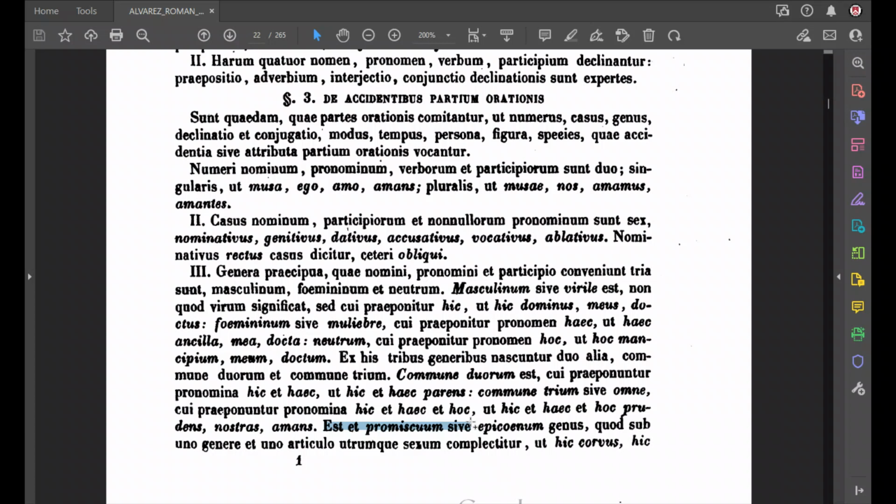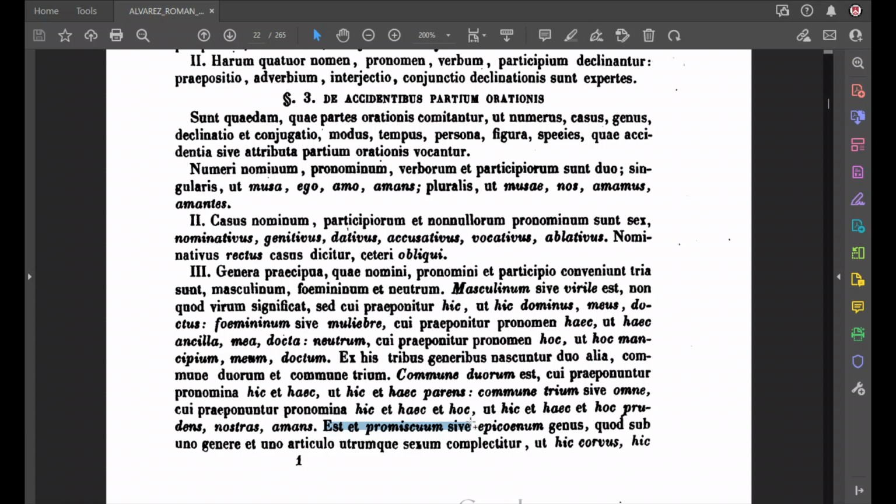The most common name given to this is epicene. It comes from the Latin word epikoinum or epicenum. And the lesson says there is also the promiscuous or epicene gender, quod sub uno genere et uno articulo utrumque sexum complectitur.